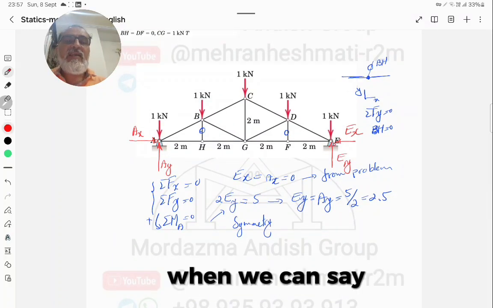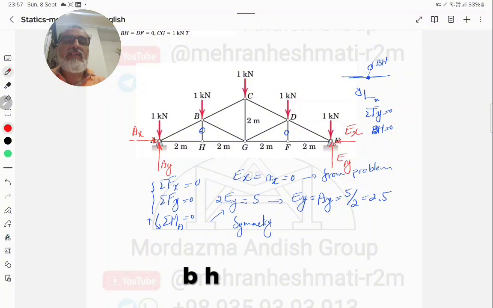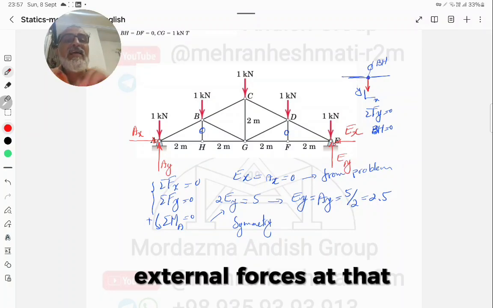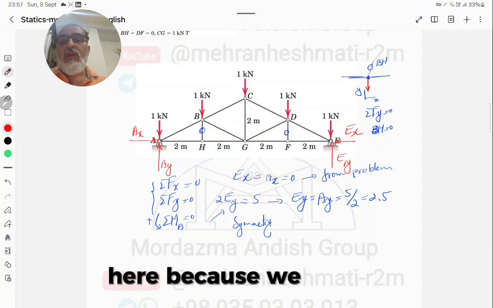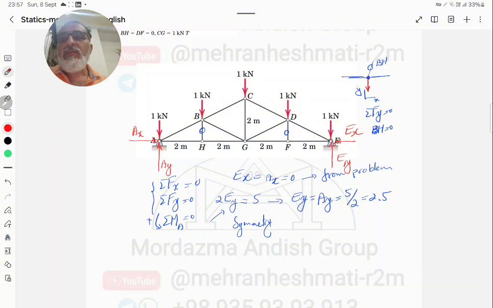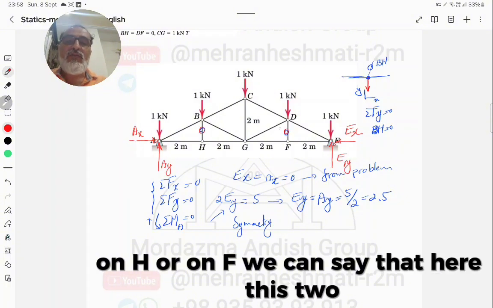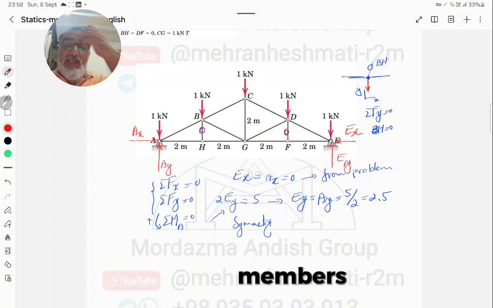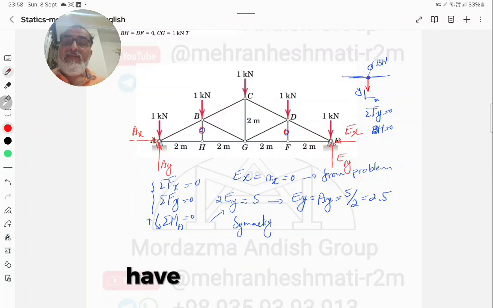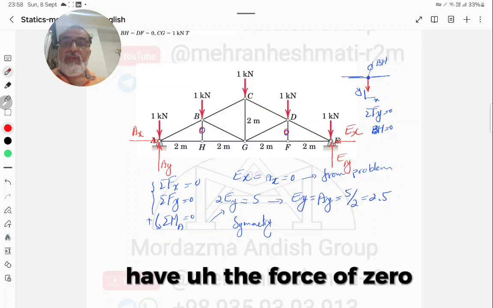But when can we say BH is equal to 0? If we didn't have any external forces at that joint. Because we don't have any external forces on H or on F, we can say that here these two members have the force of 0.